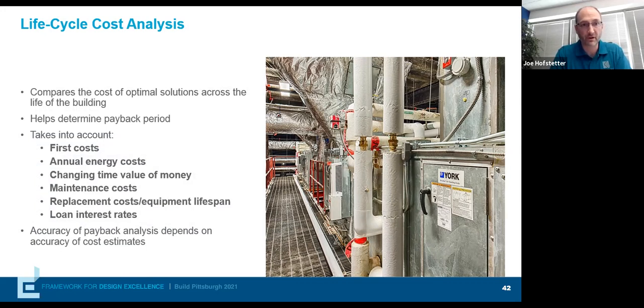But that's where we're trying to bring first cost and annual energy cost, which makes that simple payback analysis, and also take into the financial mechanisms of time value of money, escalation, interest, and then maintenance costs, equipment life expectancy. Those things are very important to communicate and work out as a team, work with the facility side along with the construction side from an owner's perspective, and get their feedback to get to real world information that can be applied to that part of the tool.